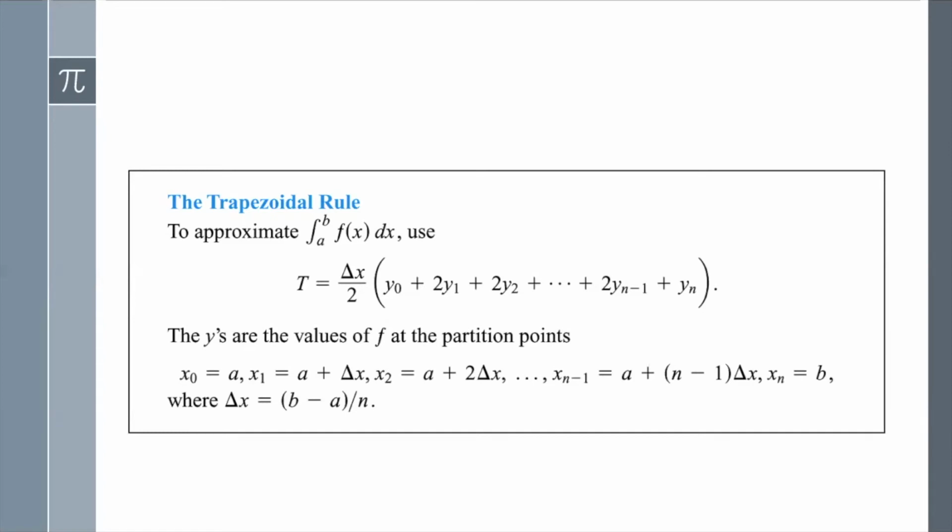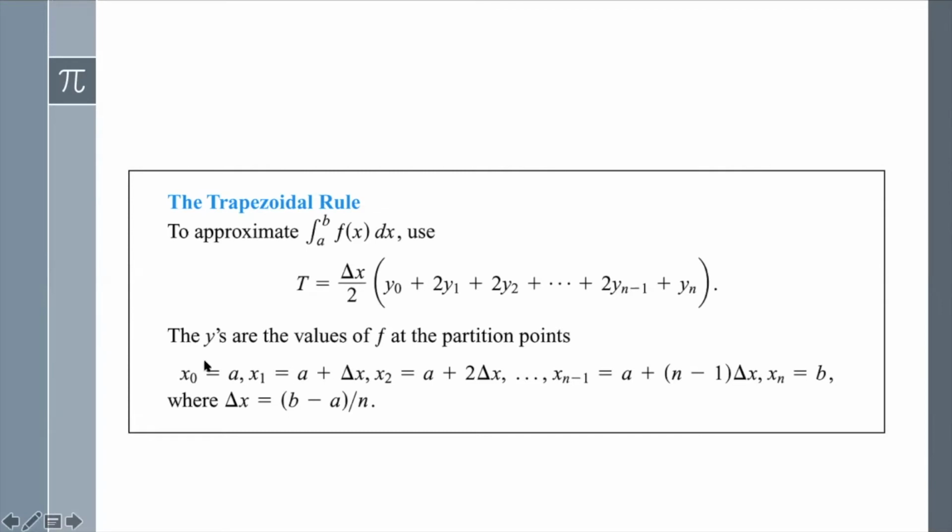All right. So these y's stand for the value of the function at the endpoints of those subintervals. And of course, we're going to do examples, so you'll see exactly how this works.